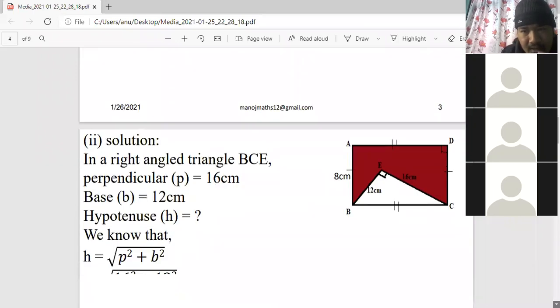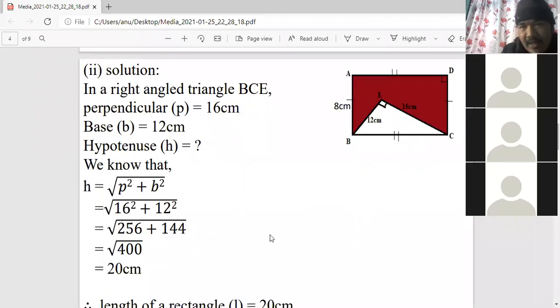Look here. Second one. In this second figure, the bigger one is rectangle A, B, C, D. Inside this bigger rectangle, there is a right angle triangle.